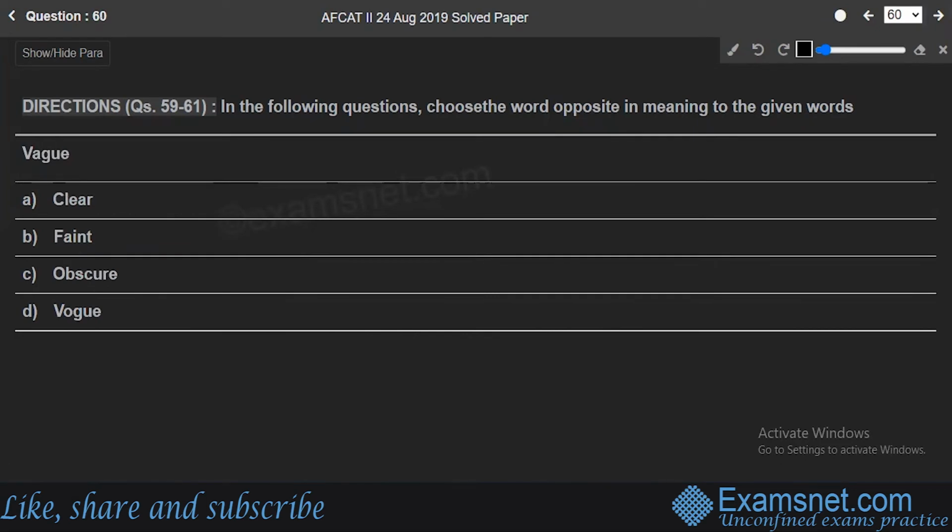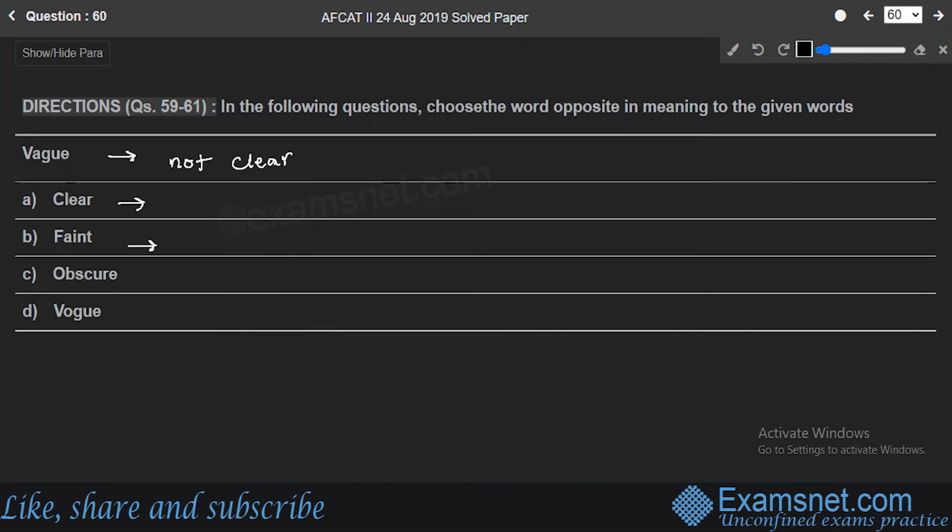Again, you have to choose the word which is opposite in meaning to the given word, that is vague. And the options are clear, faint, obscure, and vogue. Let's look at the meaning of all these words one by one. Vague means not clear. Clear means something is very much clear.